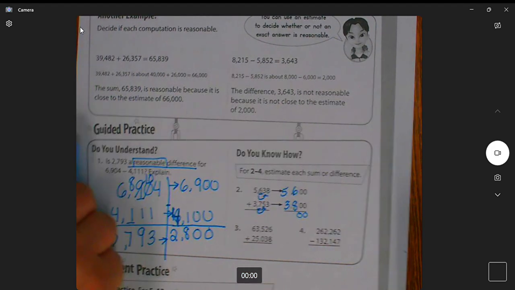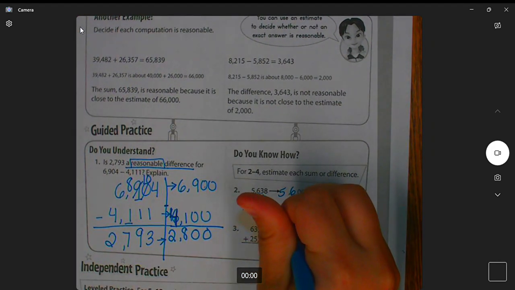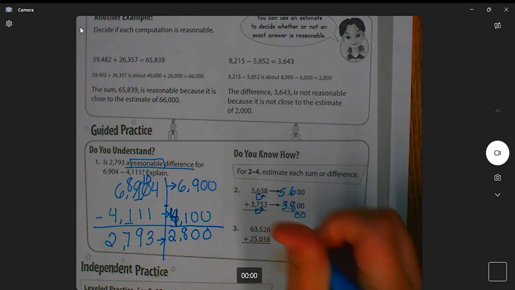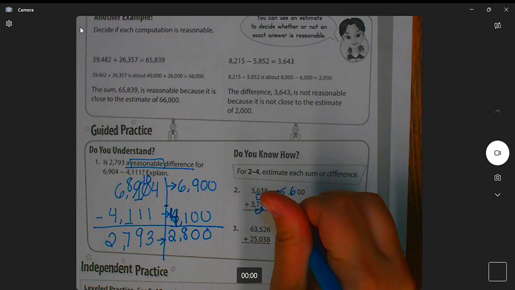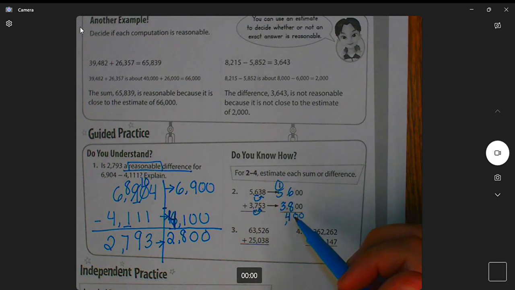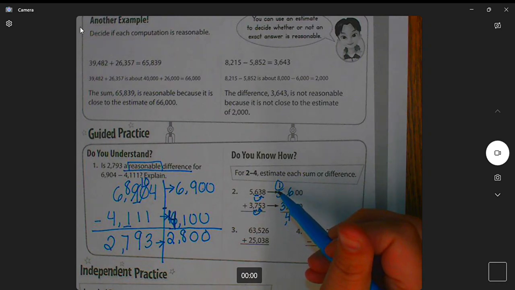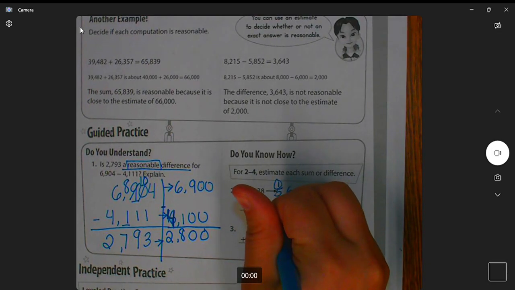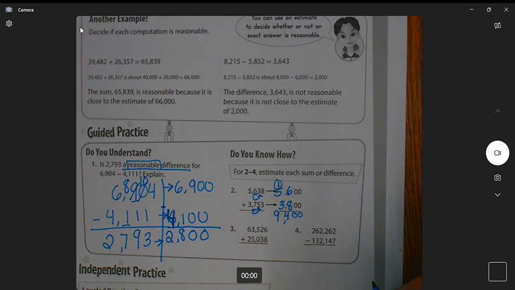It's 14. Can I put 14 down here? No, I have to put my 4. Carry the 1. Now, when I have things I've regrouped and brought over, I will add from the bottom up. So 3, 4, 5, 6, 7, 8 plus 1 makes 9. So 9,400 is a reasonable difference.